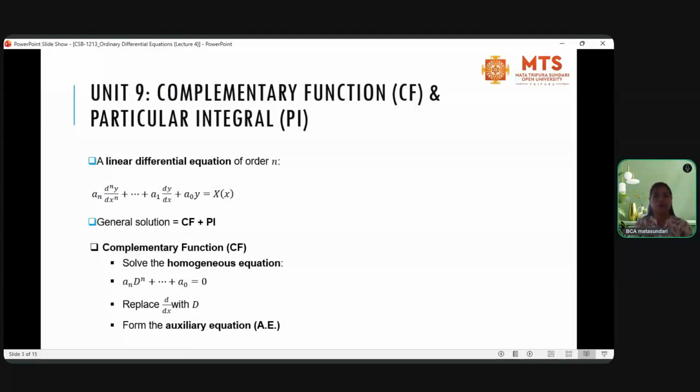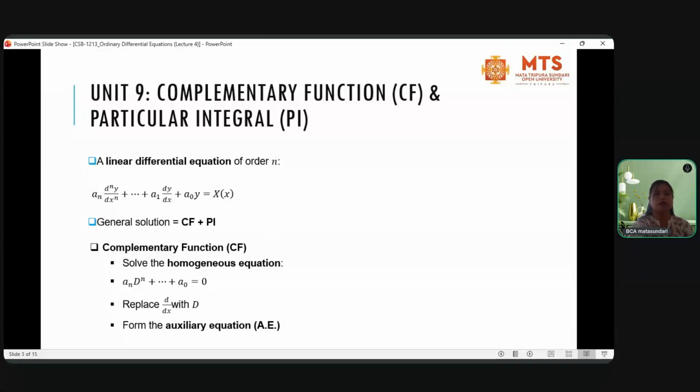A linear differential equation of order n will look like a_n d^n y/dx^n plus ... plus a_1 dy/dx plus a_0 y, which is equal to X(x). The general solution will be CF plus PI.